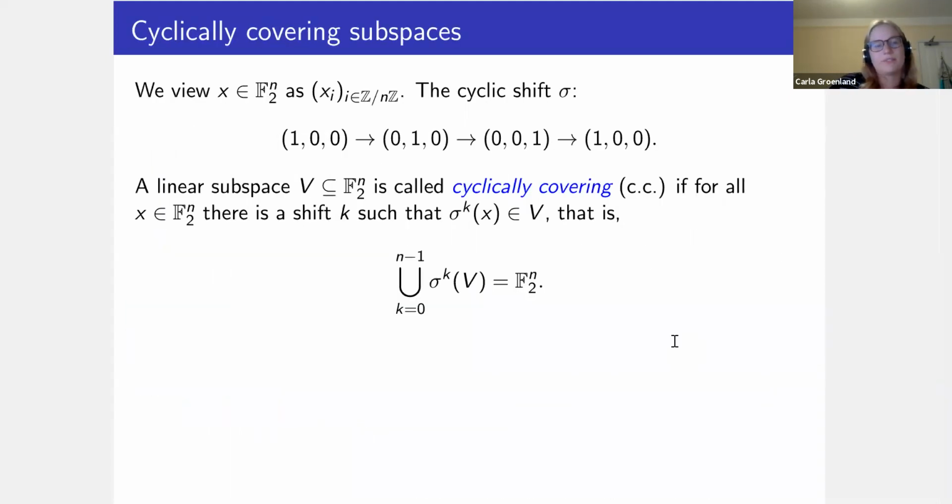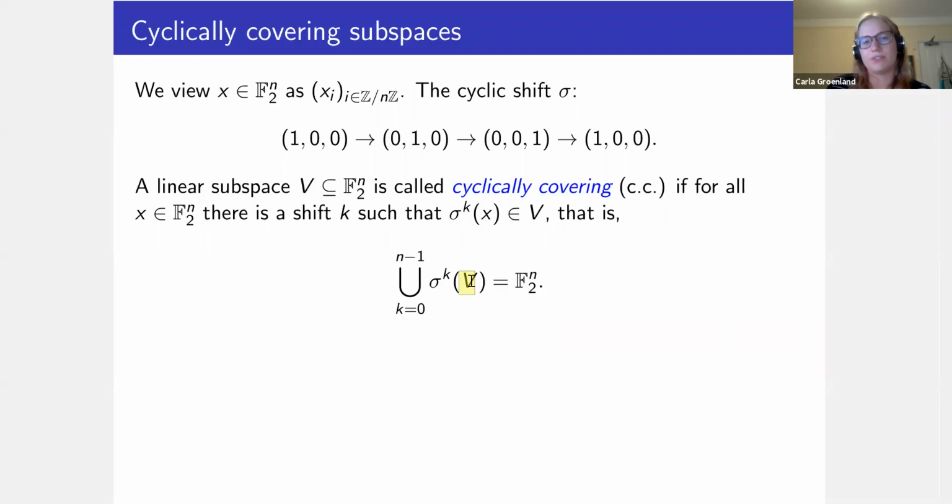Okay, so for the cyclically covering subspaces, what do they mean? Well, they're linear subspaces of F_2^n, and F_2 is the finite field on 2 elements. And the condition is that every vector has some shift which lies in the subspace, or equivalently, we could take our subspace and shift around all the elements in the subspace and then shift all the elements again, etc. And then take the union of that.